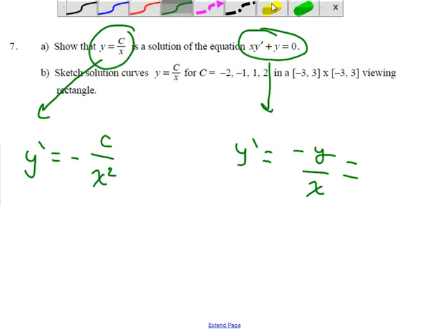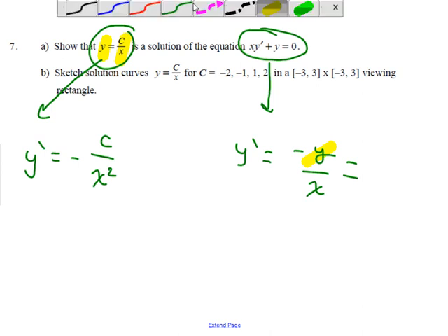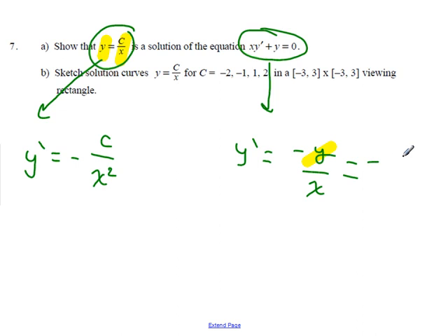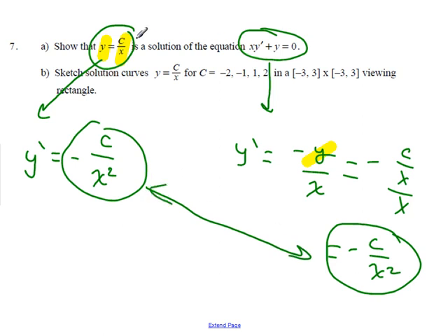Substituting c over x in for y, we get negative c over x, which is just negative c over x squared. Exactly the same thing as we had here. Therefore, this is a solution to this differential equation.